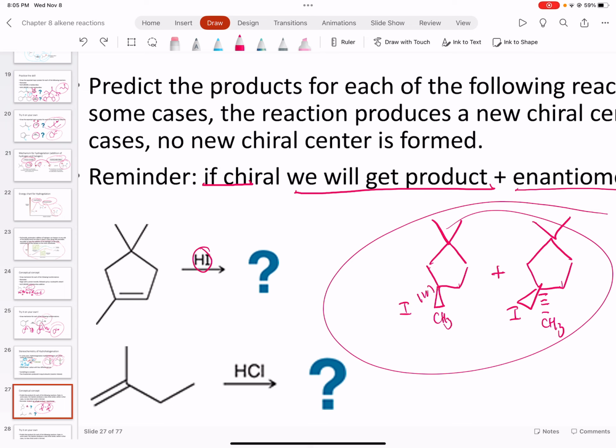So for example, this thing, it didn't get affected at all. This thing was the only thing that got affected. So this part of the molecule stayed just the same. The only thing that got affected is the thing that was reacting.